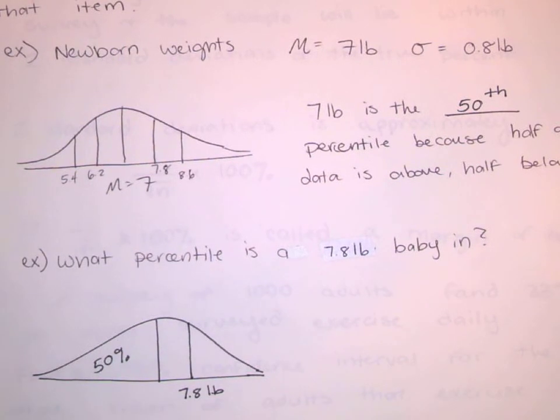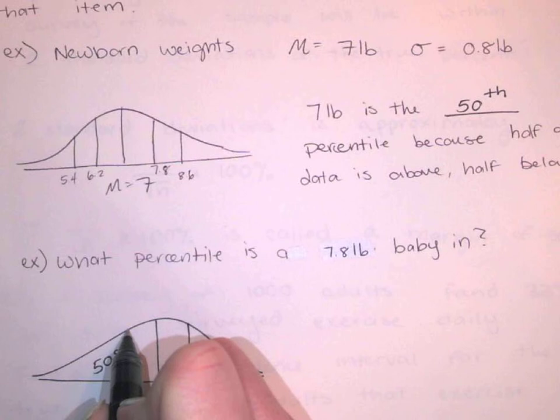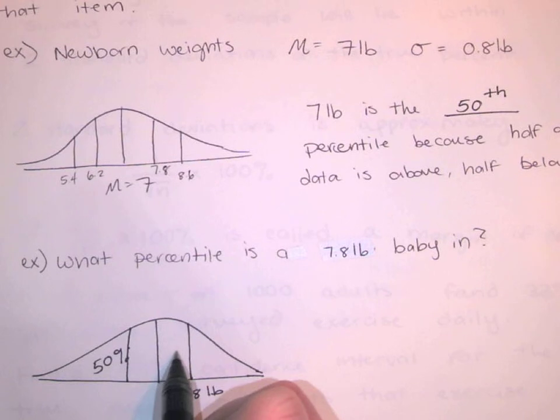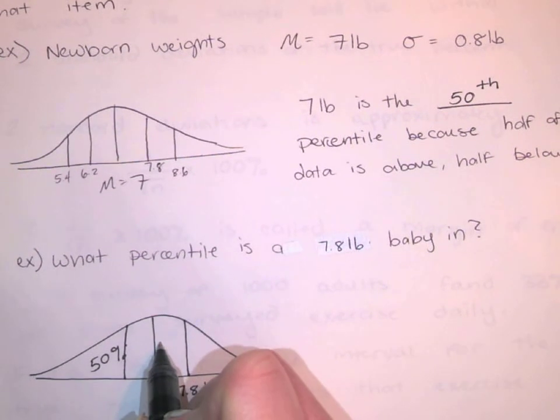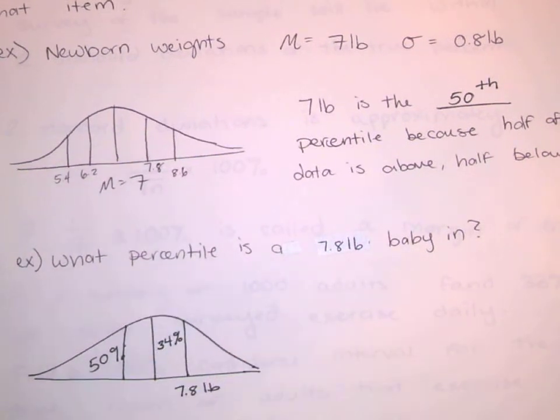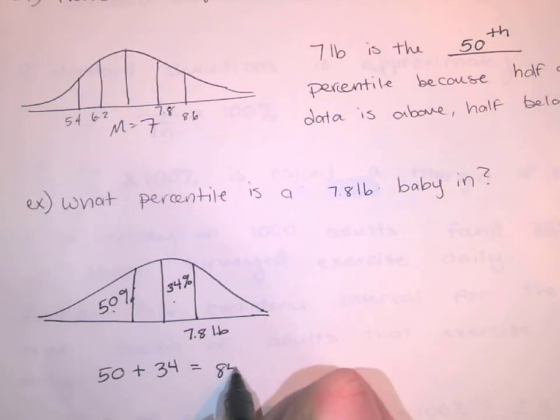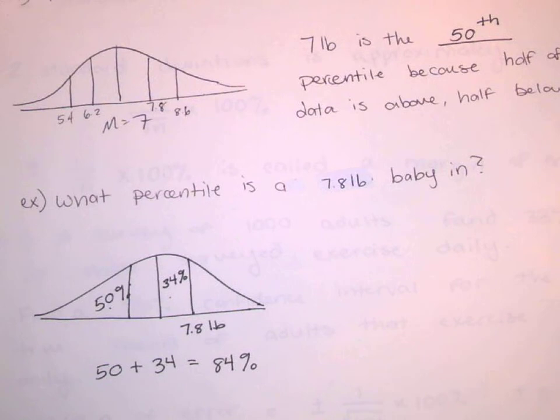Remember the 68, 95, 99.7 rule. 68% of the data is within 1 standard deviation of the mean. So that means 1 standard deviation above, just this slice here, has 34% of the data in it. So a 7.8 pound baby is bigger than 50 plus 34, or 84% of babies.